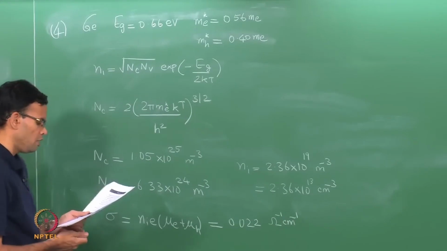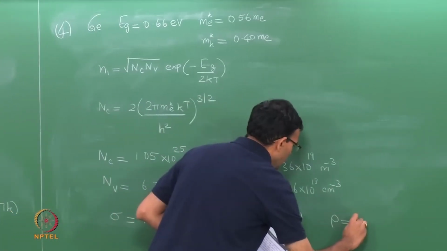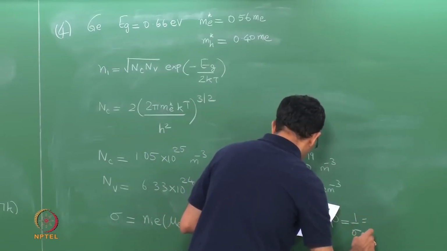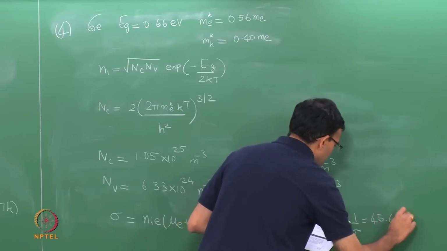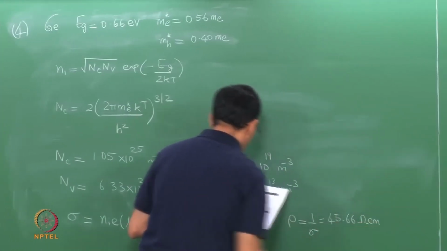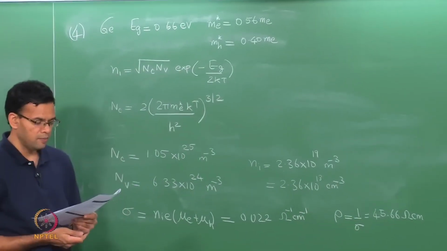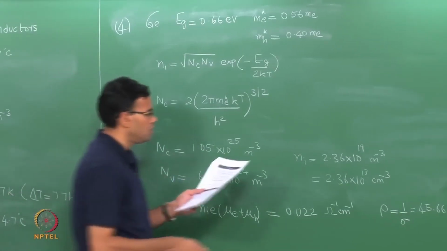If you also want to calculate the resistivity, rho is 1 over sigma, which is equal to 45.66 ohm centimeter. The question also asks to calculate the position of the Fermi level at room temperature.